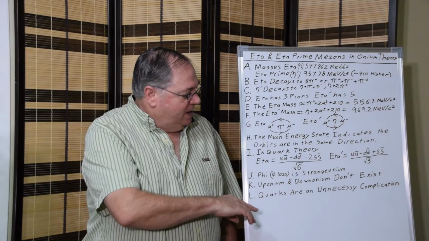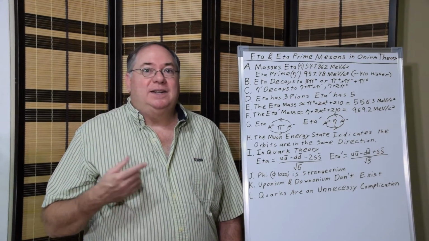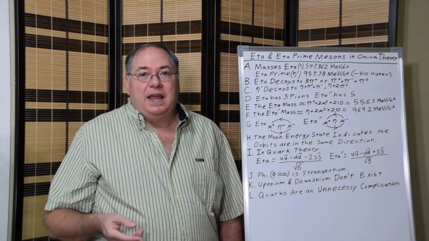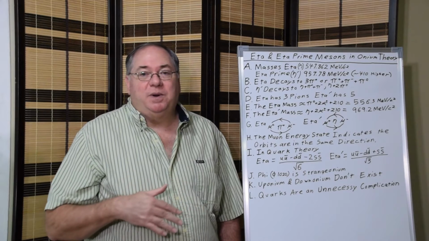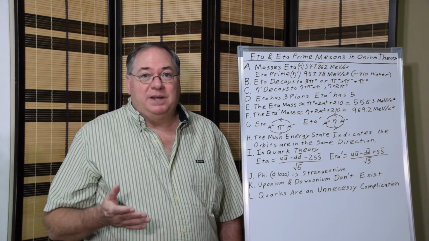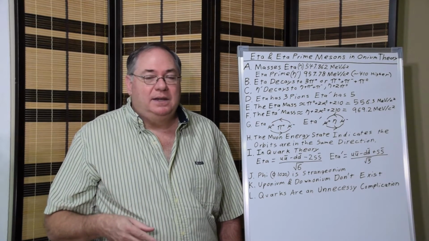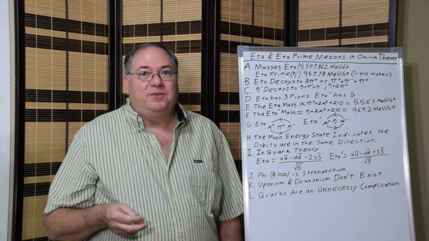And so the bottom line is quark theory is unnecessary, and it's an unnecessary complication. It should be discarded. It shouldn't even be used when you're dealing with Eta and Eta primes, or any other mesons for that matter, or baryons. But I'll get into other mesons and baryons in future videos.